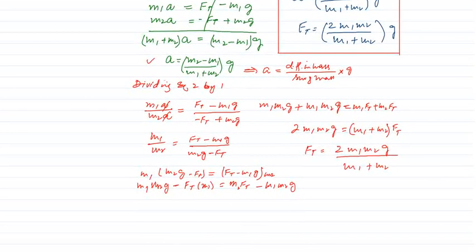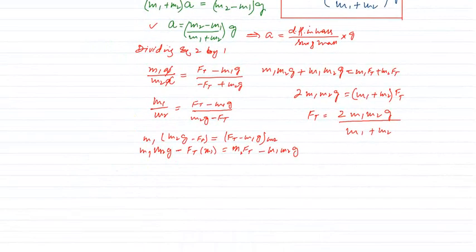After cross multiplication, m1 times m2g minus ft, and here ft minus m1g with m2, right?